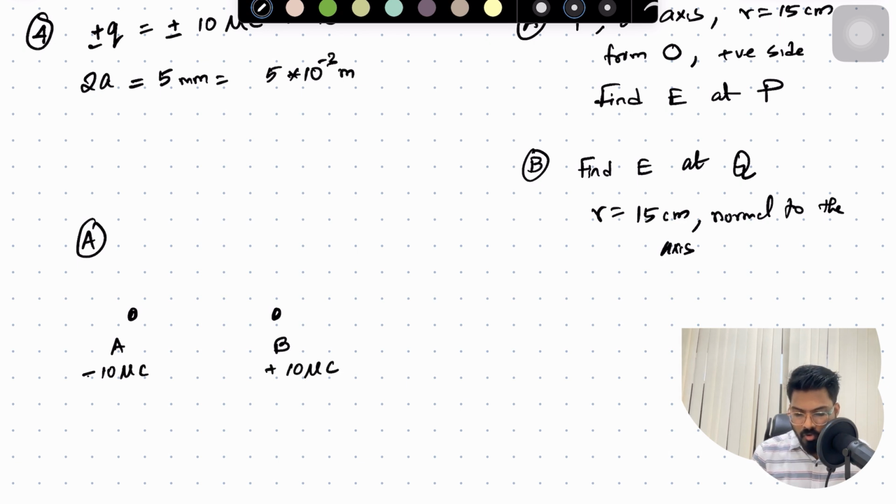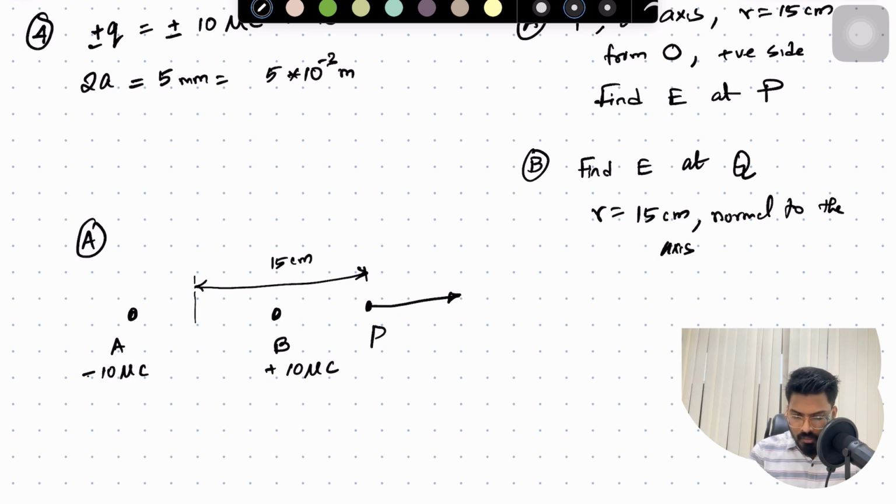That means the force will be acting on this side. Now we are considering this force at a point like this. This is P. Now this P is around 15 centimeter. How do we go about it?